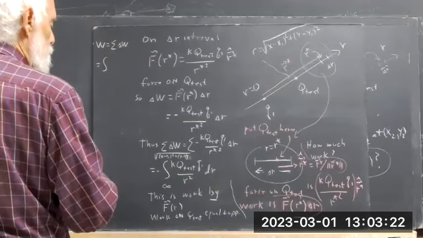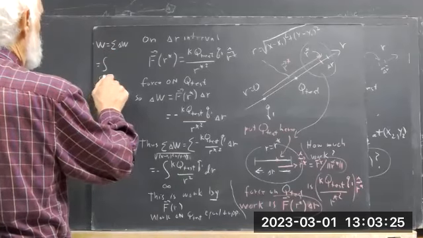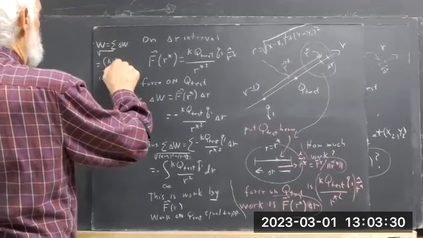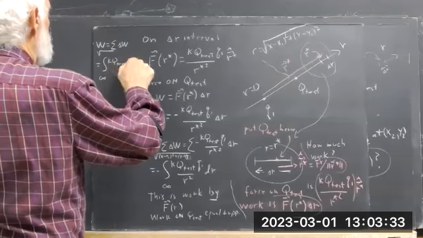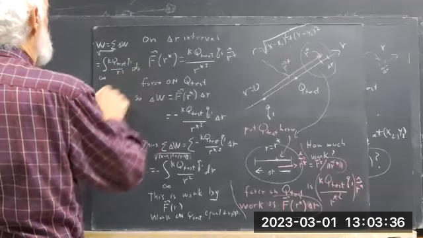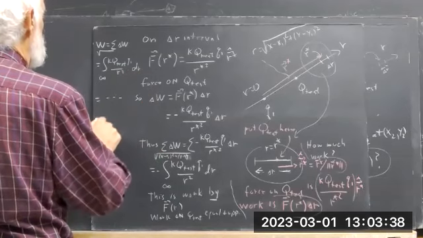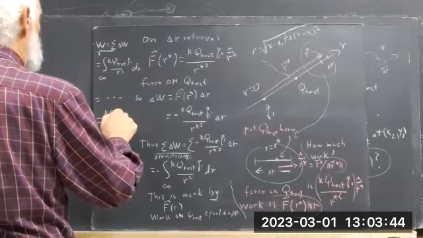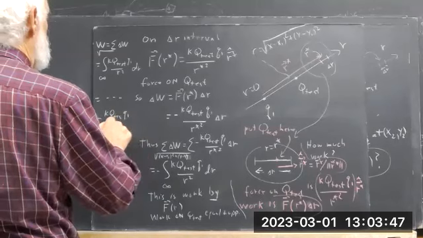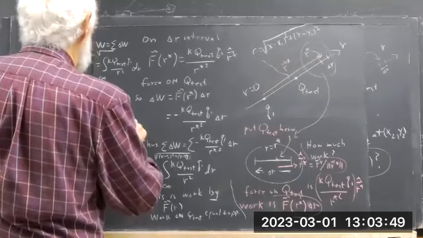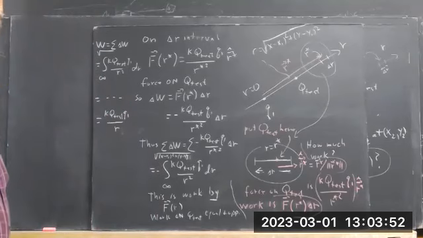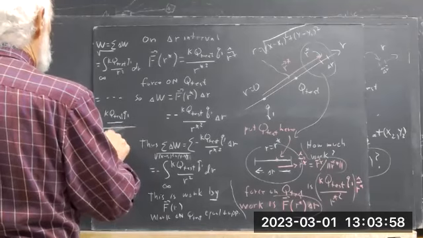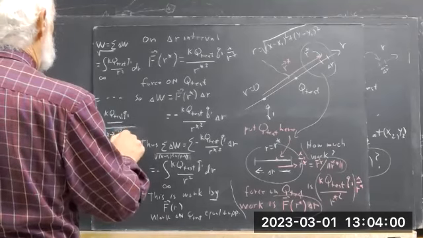The work delta W is again this integral from infinity to that square root of, do the details, and you're going to get K Q test Q1 over R, over the square root of X minus X1 squared.